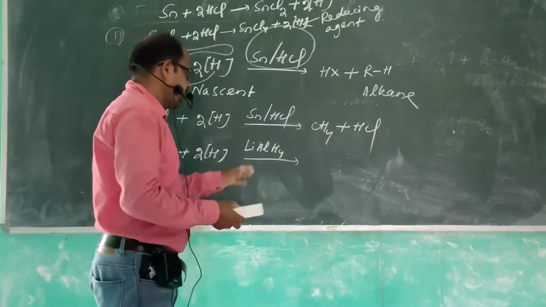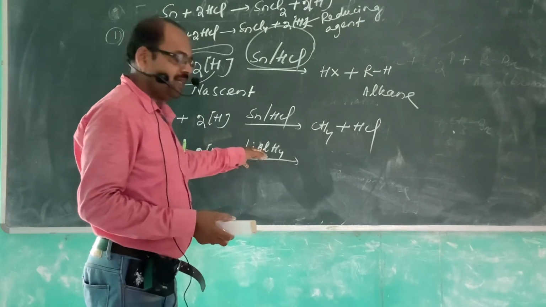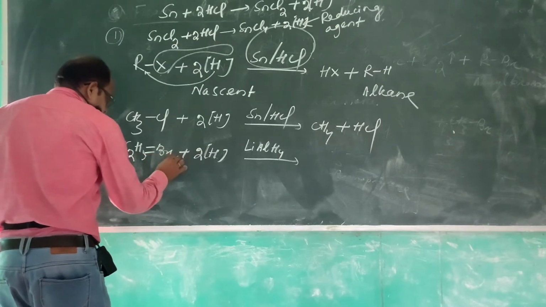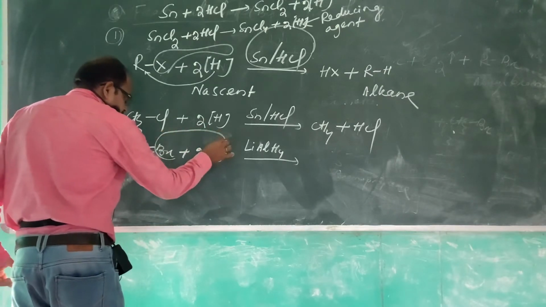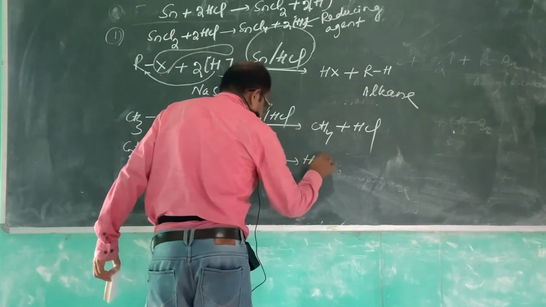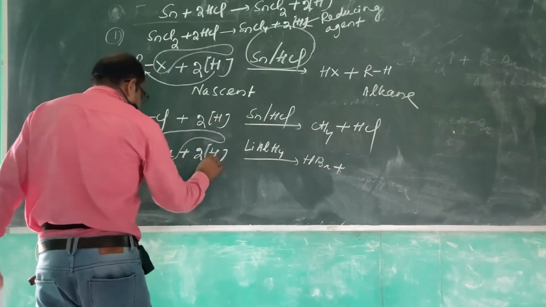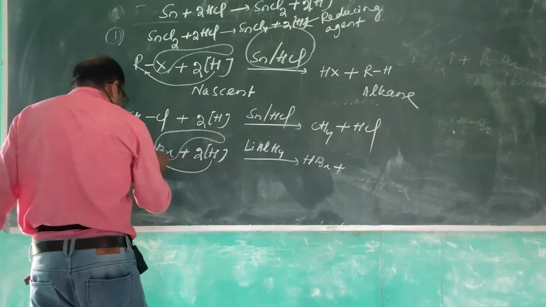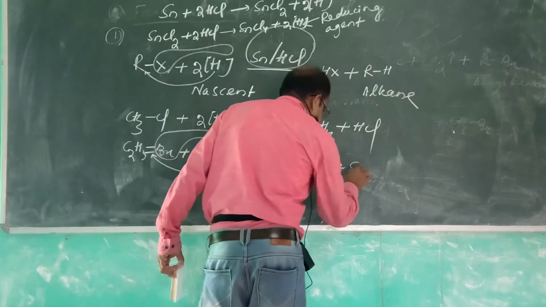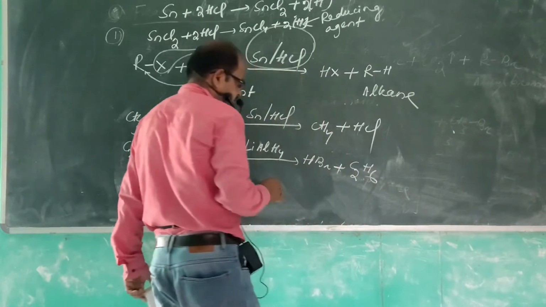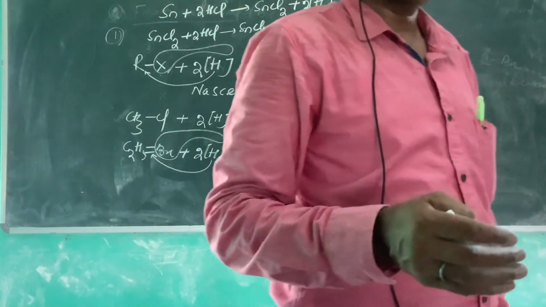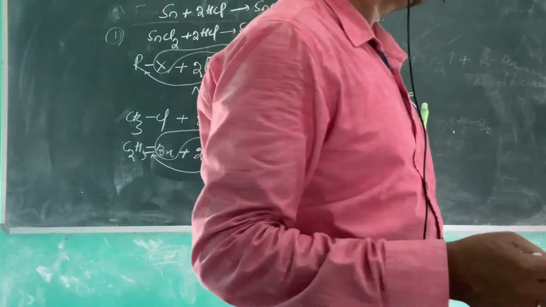Lithium aluminum hydride behaves as a reducing agent. The bromine of ethyl bromide combines with one nascent hydrogen atom to produce hydrogen bromide. Another nascent hydrogen atom combines with the ethyl group, giving ethane, C2H6. That means here the alkyl halide is reduced to alkane.